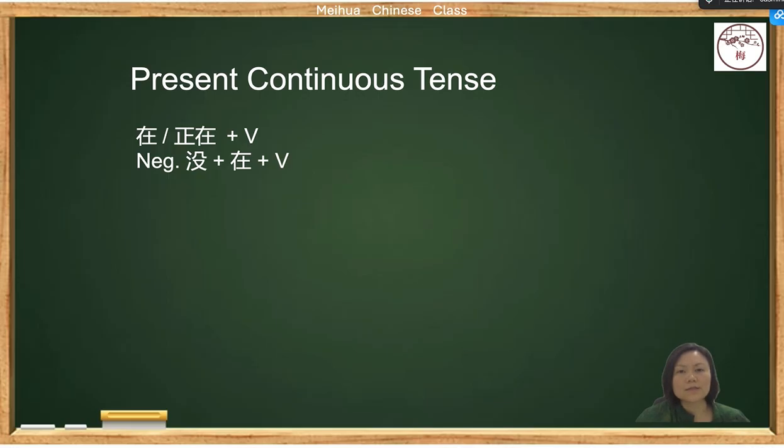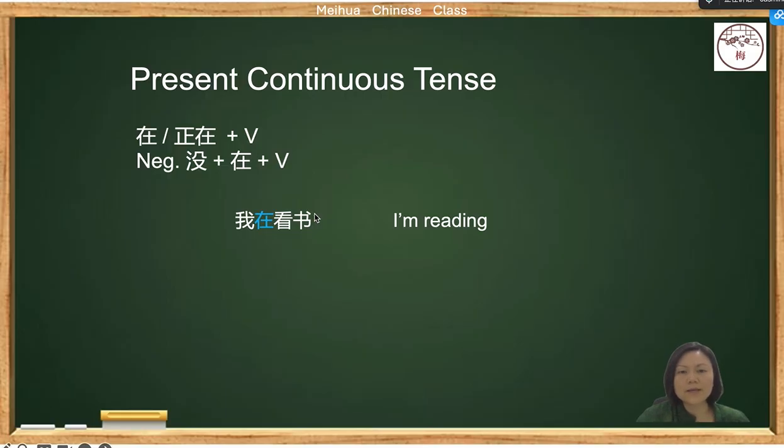For present continuous tense, okay, we have a very clear rule here. We have the character 在 or 正在 before the verb. For its negative form, we just add the negative character 没 before 在. For example, 我在看书. 看书 is a verb, meaning read a book.